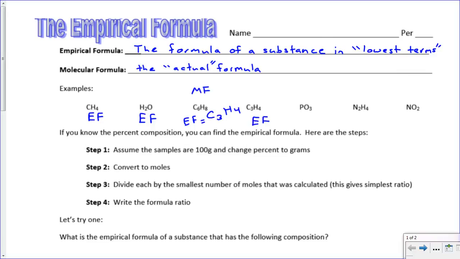And then for PO3, that one is empirical. N2H4 is a molecular formula, and the empirical formula, if we were to reduce that down, would be just NH2. And then NO2 is an empirical formula already. All right, so that's how that one works.